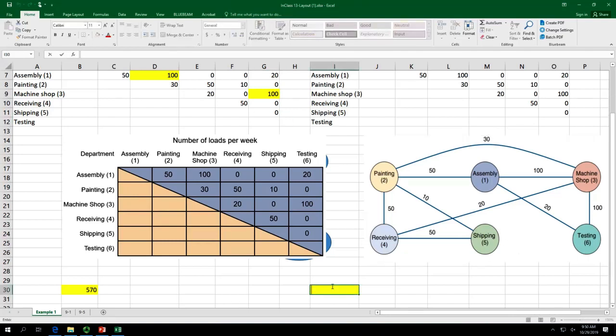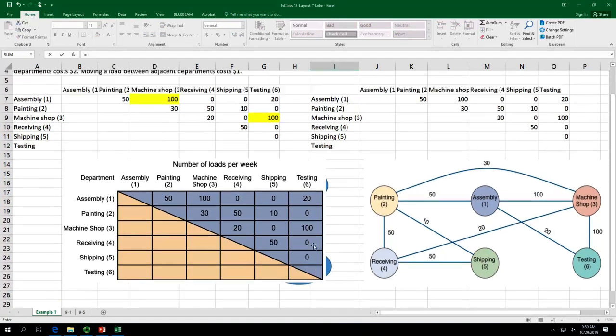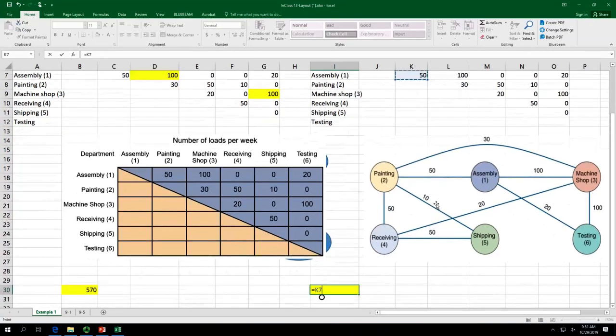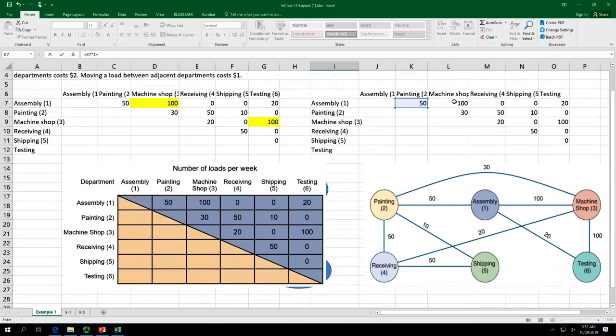To see how this looks like, in this new layout, I calculated what is the cost. We still use the same load, 1 and 2. So 1 and 2 is 50, so 50 times 1. And plus, this is 1 and 3. 1 and 3, now they are really close to each other.